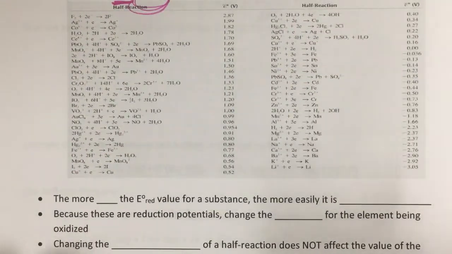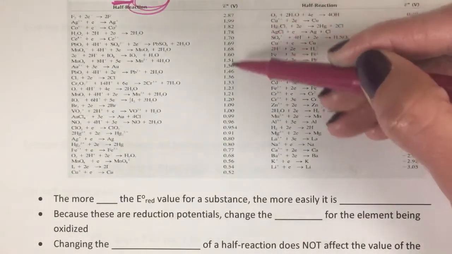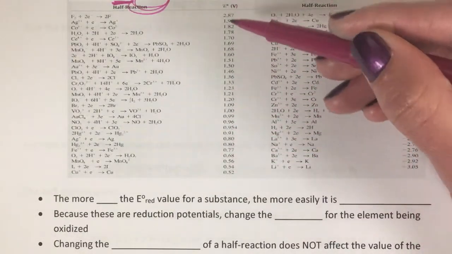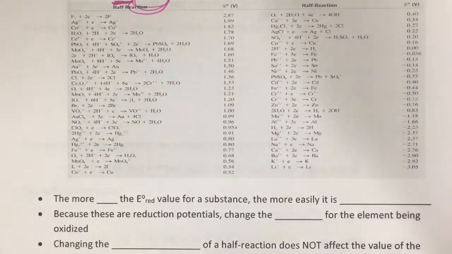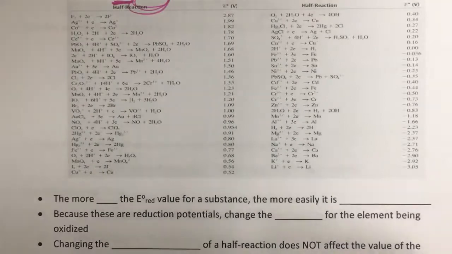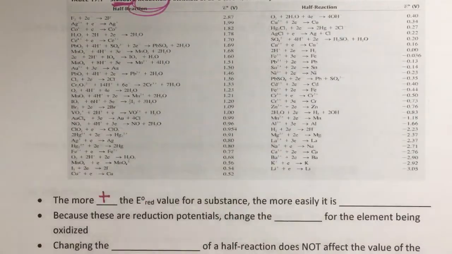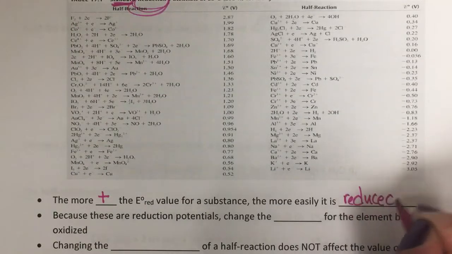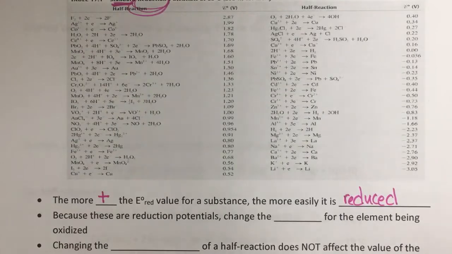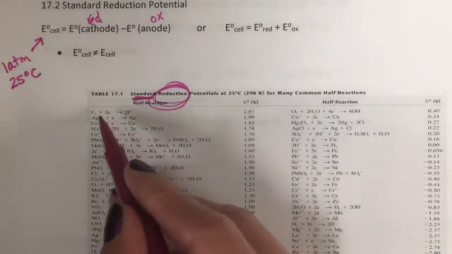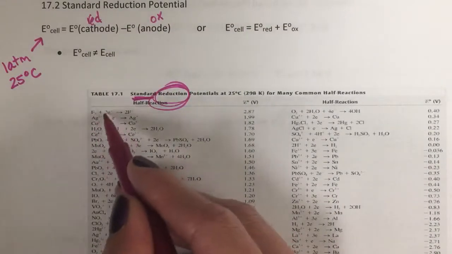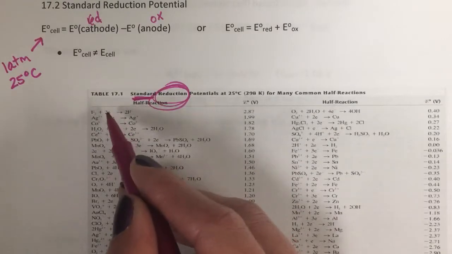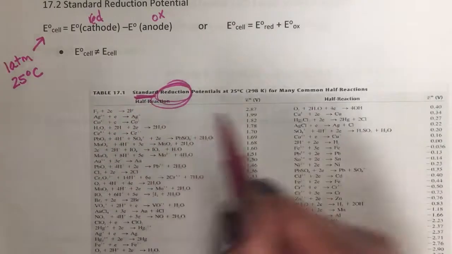If I look at the table, these are all how much current will be produced if my element is being reduced. I want it to be positive. The more positive it is, the more easily it is reduced. So if I look at fluorine, very, very electronegative, it really wants to gain those two electrons to be reduced.